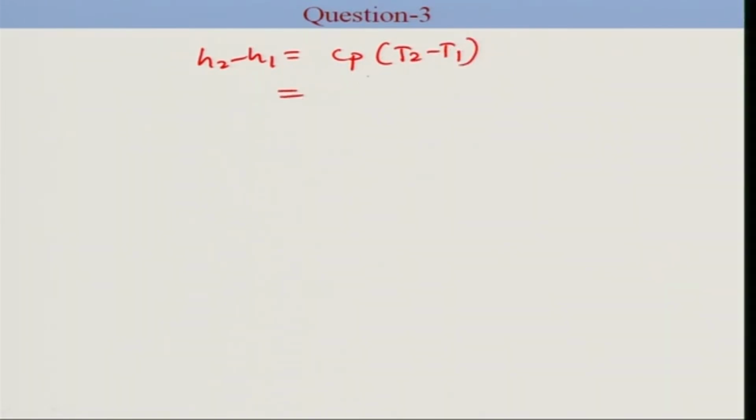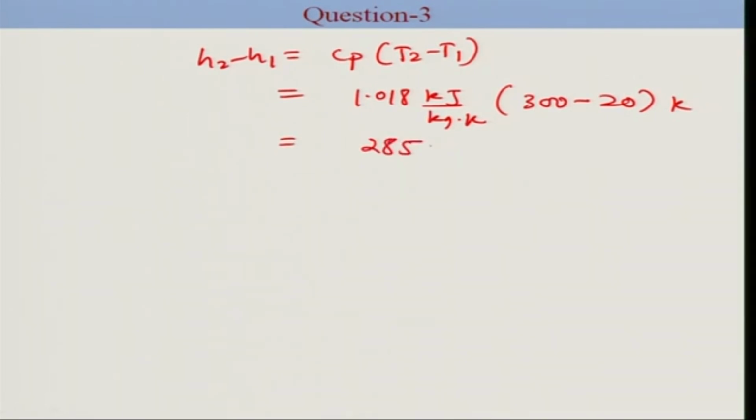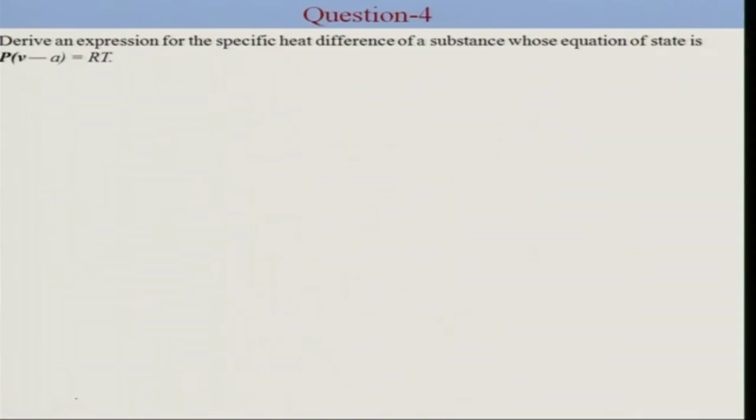So, we know Cp value 1.018 kilojoule per kg Kelvin times 300 minus 20 Kelvin. So, this gives 285 kilojoule per kg. Now, you can see the difference. Here change in enthalpy is less than that of the previous case. Now, moving to the next question.